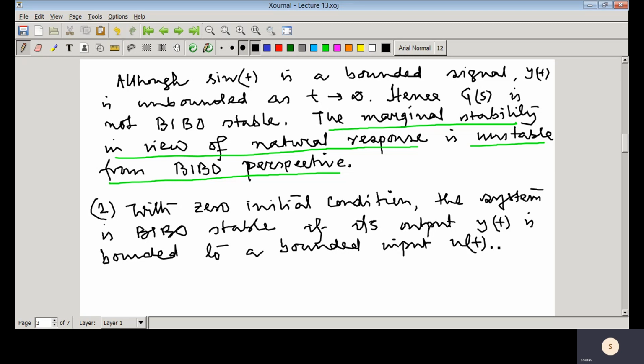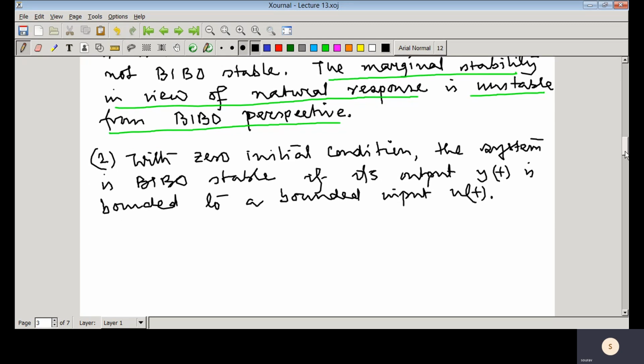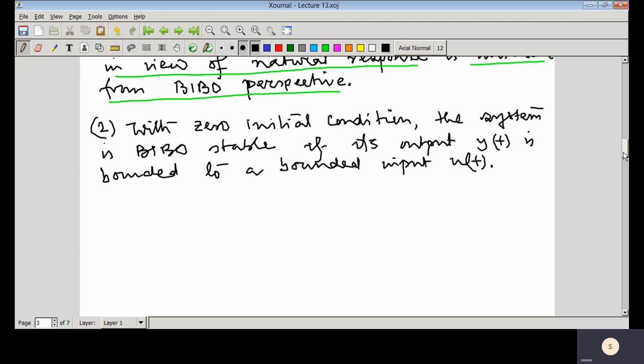Now whenever you have a system, the transfer function, which we have already studied, is the Laplace transform of the impulse response. Here we can write the relationship between input and output, because convolution is involved: y(t) is the integration from 0 to infinity of u(t minus tau) g(tau) d tau.